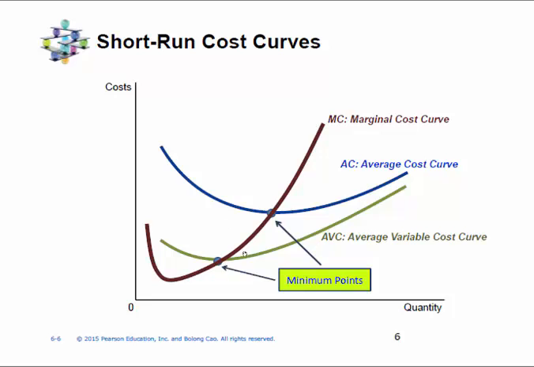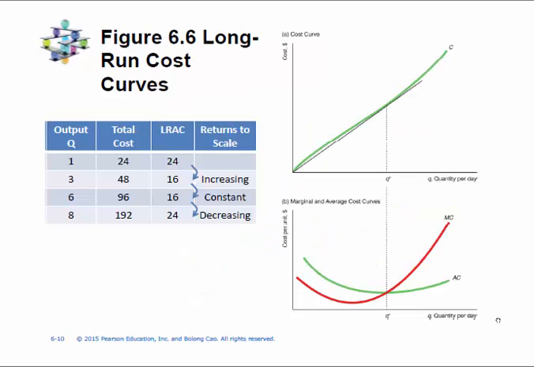You put more labor into your production process with capital input fixed, and the marginal output is diminishing. So that's the diminishing marginal return for the short-run cost curve shapes. And for the long-run average cost curve shape, you have the economies of scale or diseconomies of scale.